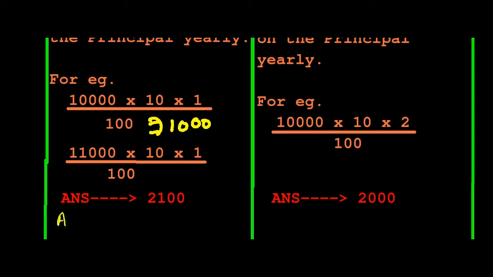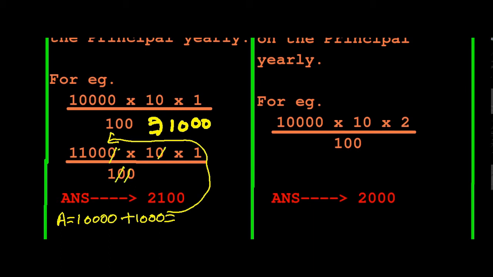And then we find the amount, which is A is equal to interest plus P, 10,000 plus 1,000, which is 11,000, into 10 into 1 by 100, and then we get 1,100 as the interest, and then we add it to 11,000, which is the principal in this case, and the amount becomes 12,100.